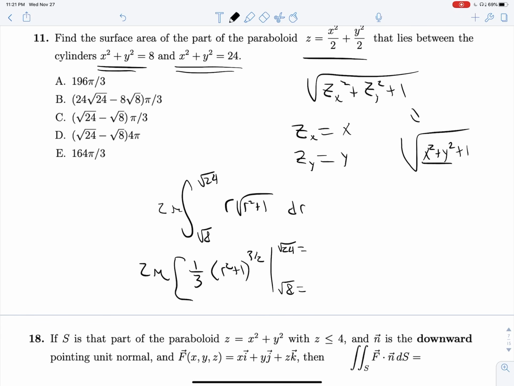And this works out very nicely because root 24 squared plus 1 is 25, which to the 3 halves gives us 125 over 3. And then over here, root 8 squared plus 1 is just going to give us 9 to the 3 halves is 27, which is going to give us 27 over 3. 125 over 3 minus 27 over 3 is just going to give us 98 over 3. 2 pi times 98 over 3 is going to give us 196 pi over 3.